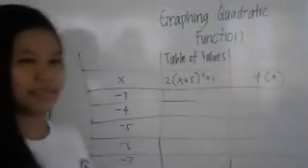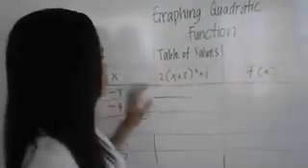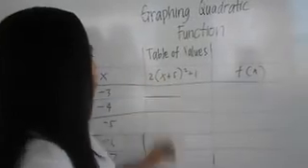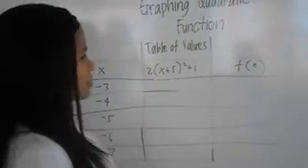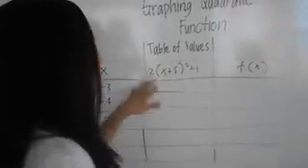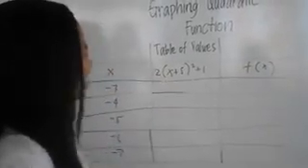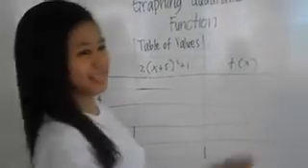If x is negative 3, substitute it for x, then it will become negative 3 plus 5 equals 2. Multiplied by itself equals 4, times 2 equals 8, plus 1 equals 9.